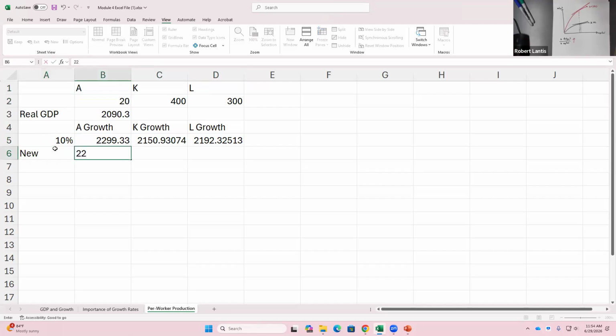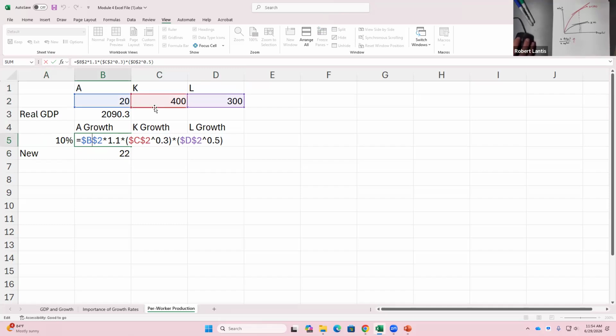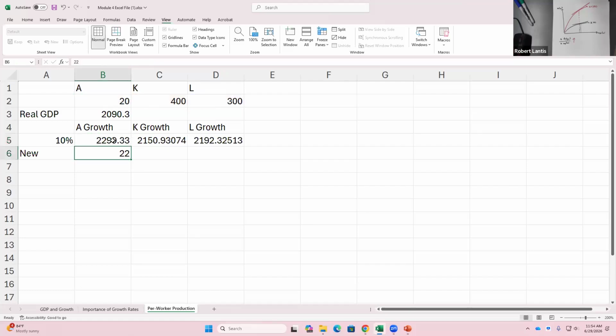A 10% change would increase it from 20 to 22. So I put that into my formula, the same function as before: A multiplied by capital to the 0.3 and labor to the 0.5. If capital and labor don't change, but my total factor productivity goes up by 10%, to 22, what's the change in my real GDP?